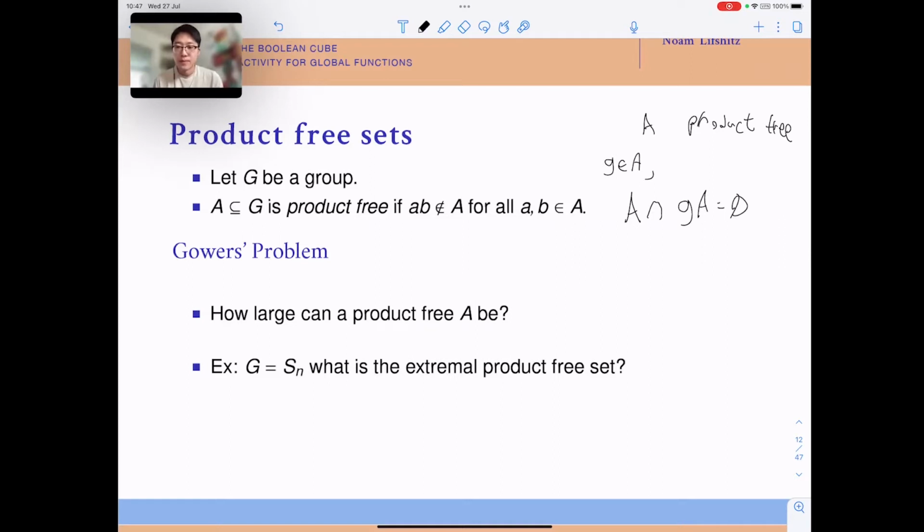And gA is the same size as A, so this implies that the density of A is at most n factorial over 2, and therefore the odd permutations are indeed the extremal product-free set.